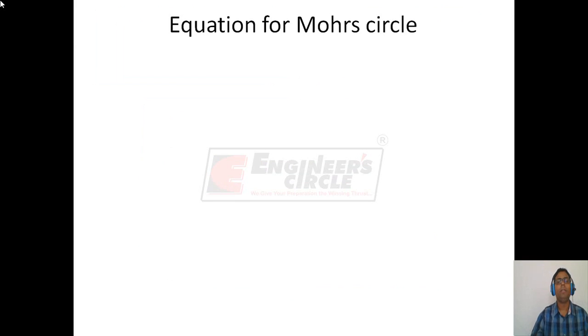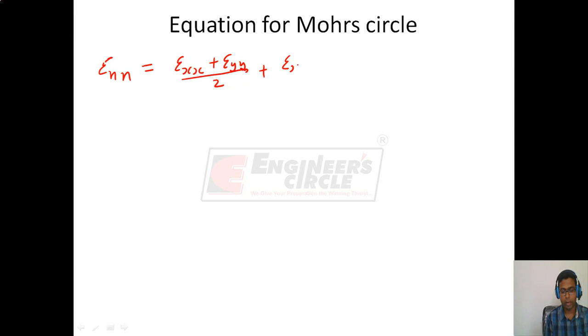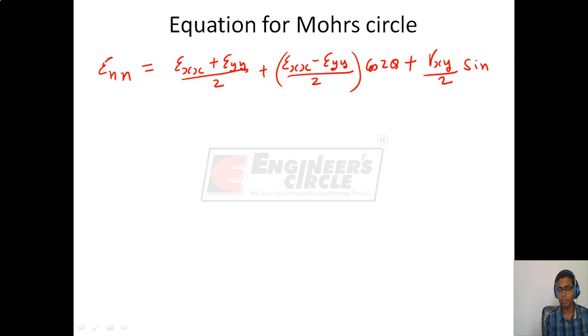Hi, in this module I will discuss strain transformation using Mohr's circle. We have learned that the strain at a point in nth direction can be written as epsilon nn equal to (epsilon xx plus epsilon yy)/2 plus (epsilon xx minus epsilon yy)/2 cos 2 theta plus gamma xy/2 sin 2 theta.